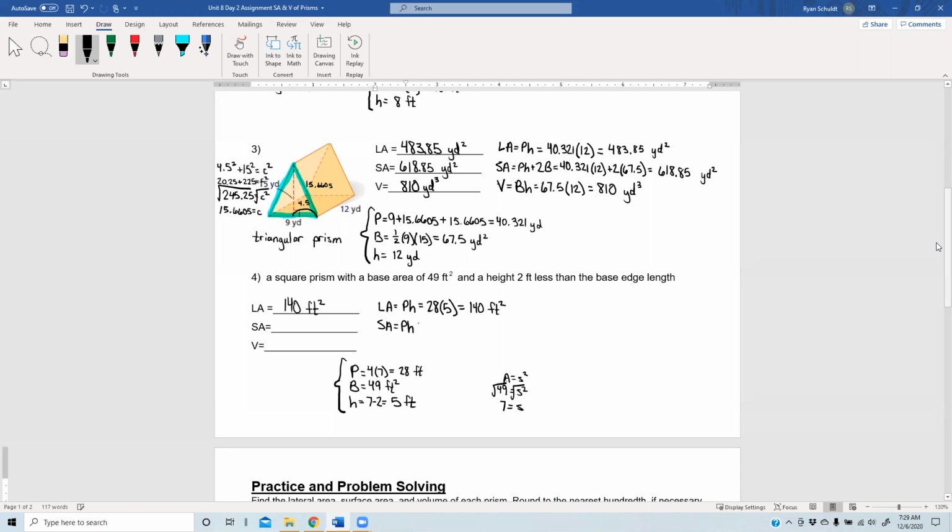It's going to be PH plus 2B. So P is 28, H is 5, B is 49. So 28 times 5 plus 2 times 49 is 238 feet squared.